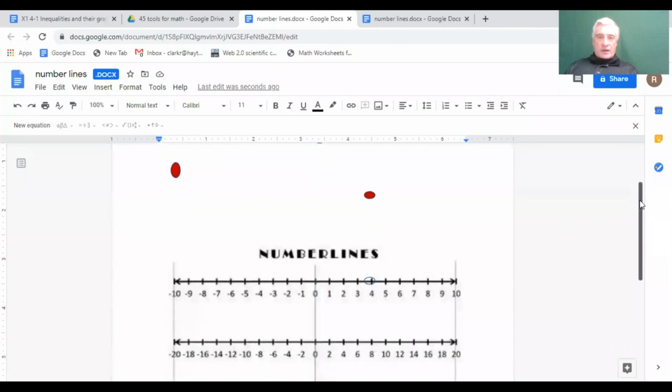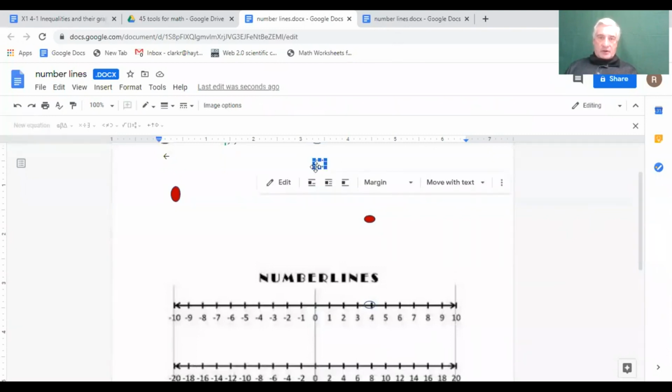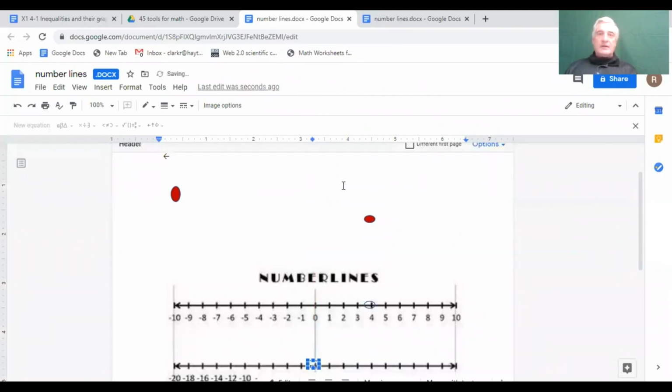My next example would be x is less than 0. You get an open circle. We're going to put it on the 0. And less than, look at the number line. Less than is the left hand. Right hand is positive, left hand is negative. So which numbers are less than 0?